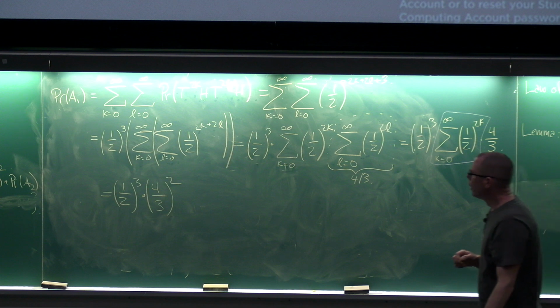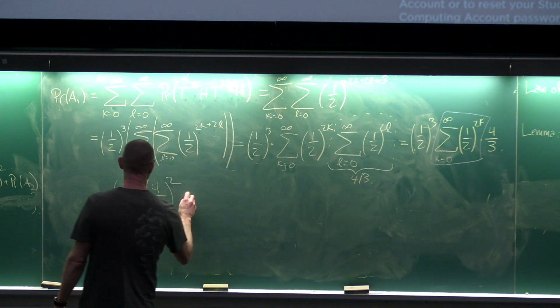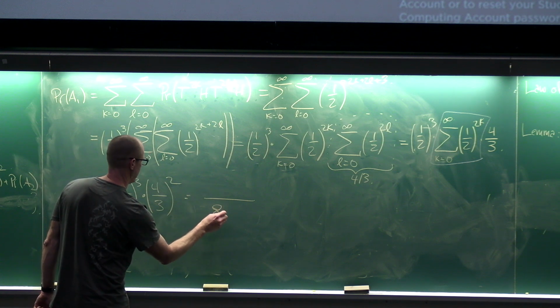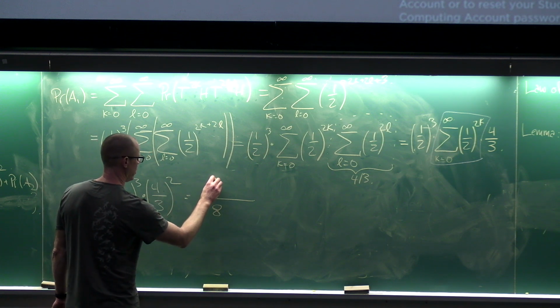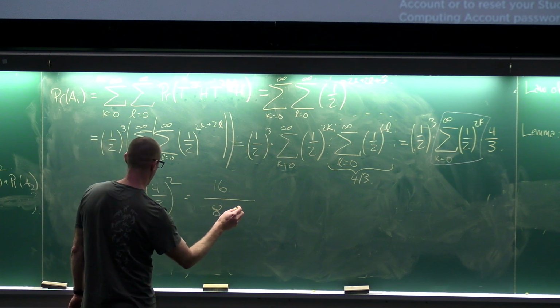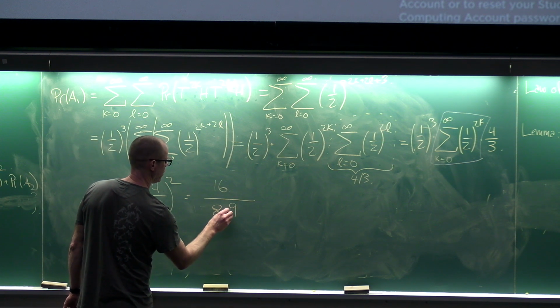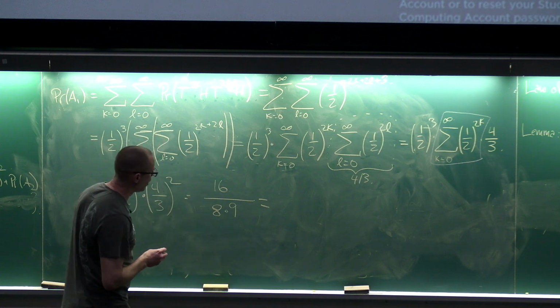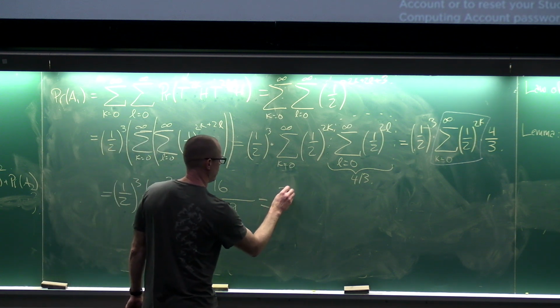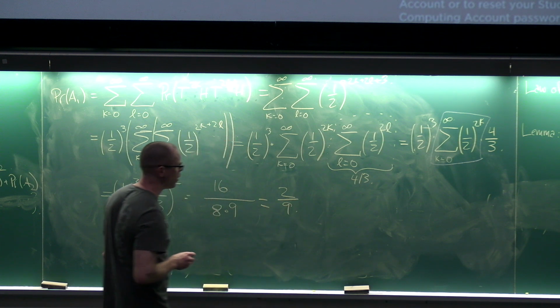Okay, so what is this? On the bottom, we have an 8. On the top, we have a 16. And on the bottom, we have a 9, which is 2/9.